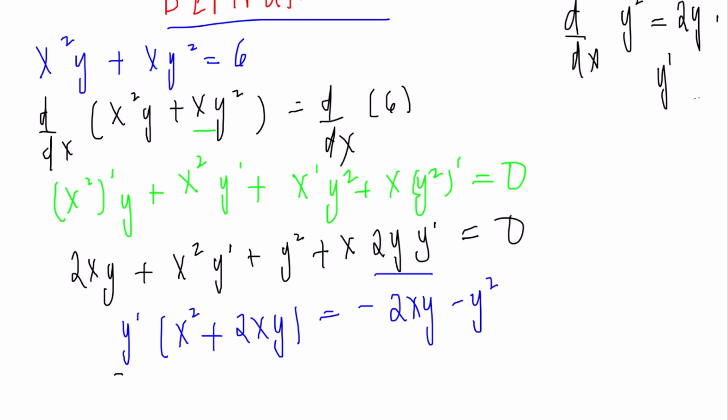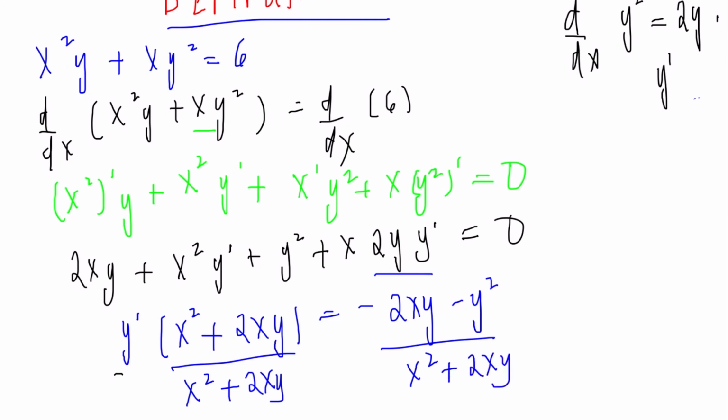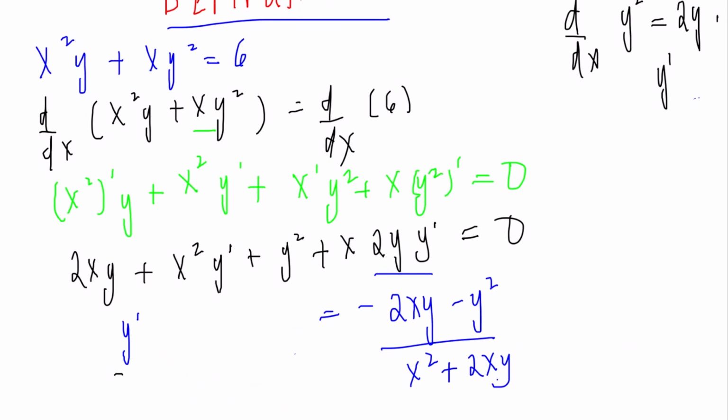And eventually we are going to divide everything by x squared plus 2xy everywhere. So eventually what we're going to have is here the derivative of y.